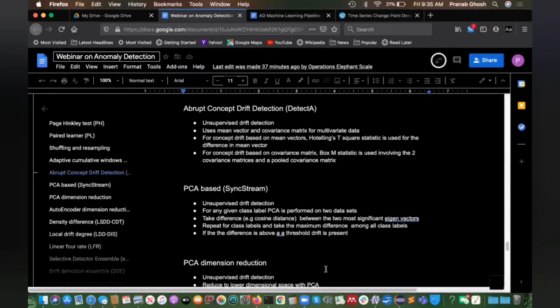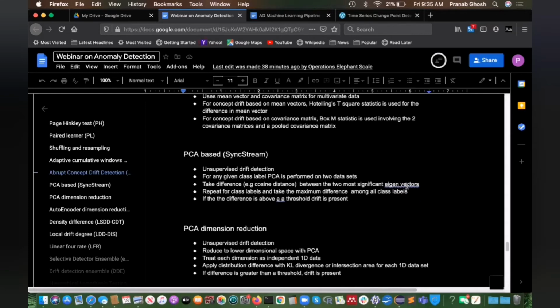For the mean vectors, it uses something called Hotelling's T-square statistic, you can look it up, to find if there is any significant difference. And for the covariance matrices, it uses something called Box's M statistic to see if there is any significant difference. If either of them is true, whether based on the mean vector or the covariance matrix, then there is drift.